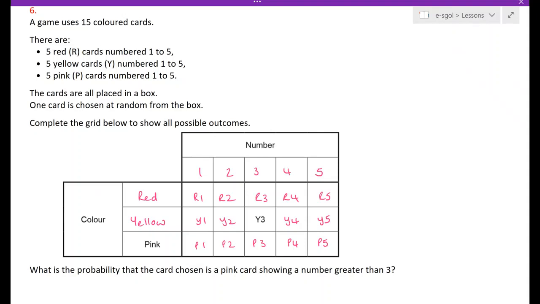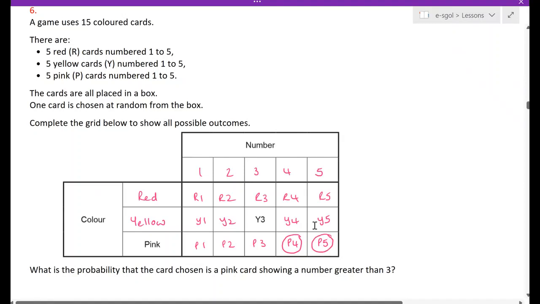The next thing it says is, what is the probability that the card chosen is a pink card showing a number greater than 3? So a pink card showing a number greater than 3, I have this one here, and I have this one here.